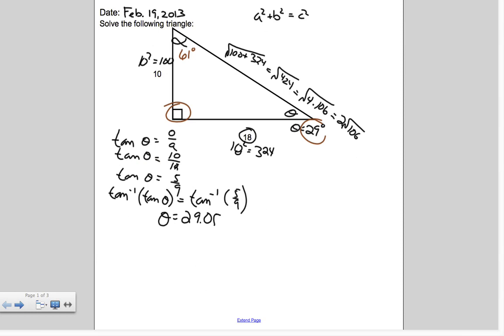Let's say this question was out of 3 marks. The 3 marks are for the side and your 2 angles. I know we're all really good at calculators. You guys can punch in the numbers really well and hit that square root. But let's just say you make a mistake with your calculator and you got theta equal to 19 degrees, not 29.